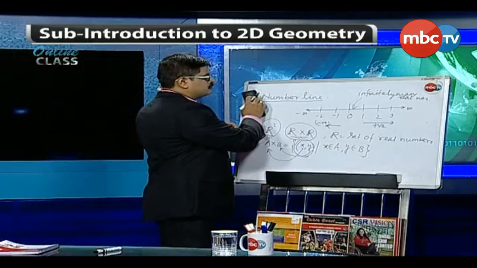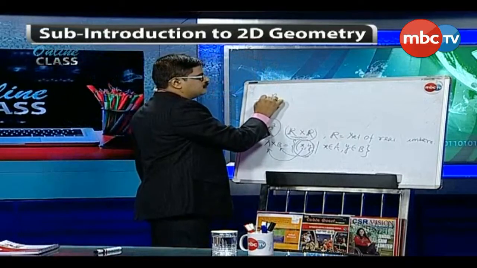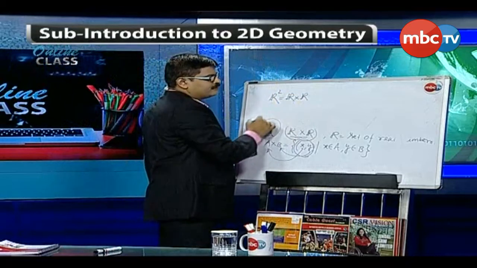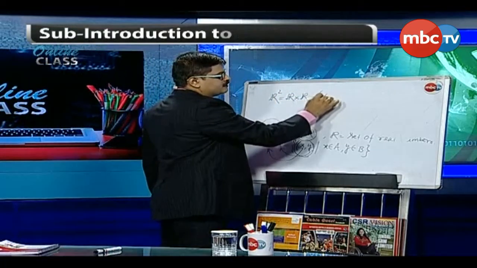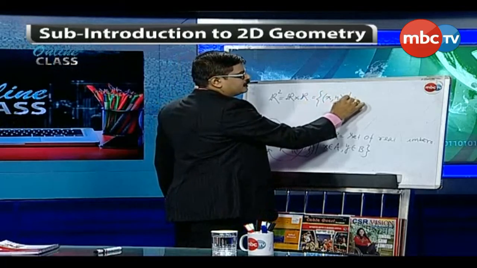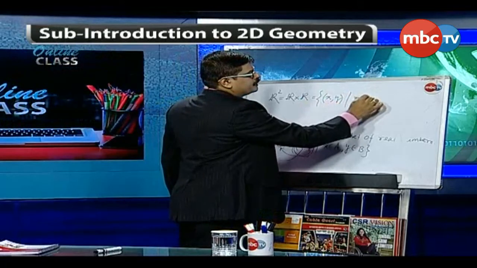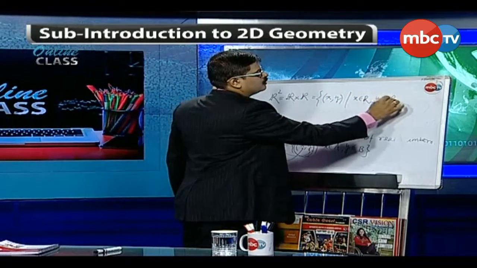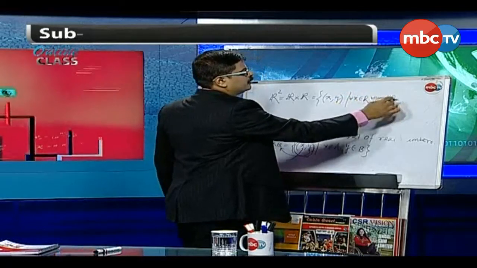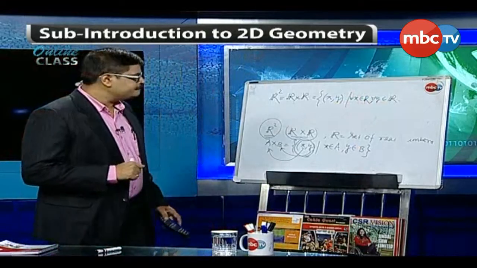R square, that is R cross R, where R is the set of real numbers, is the set of all ordered pairs (x, y) such that x belongs to R and y also belongs to R, for all x in R and for all y in R.